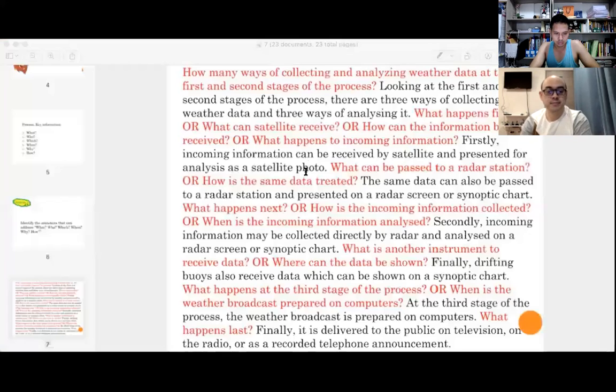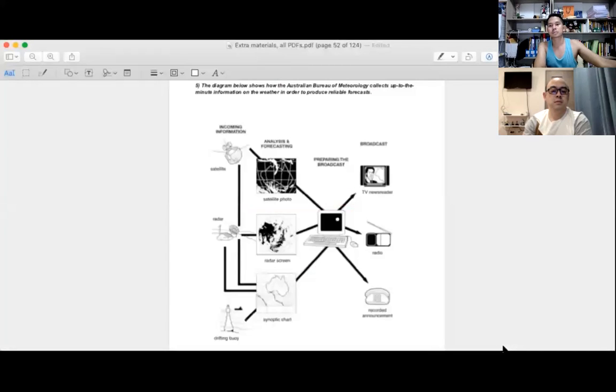When you take a look at the picture, you will think, how many ways of collecting the weather data at the first and second stage of the process? Looking at the first and the second stages of the process, there are 3 ways of collecting weather data and 3 ways of analyzing it, right? So if you haven't taken a picture of that question, please take out your cell phone and take a picture here and then compare.